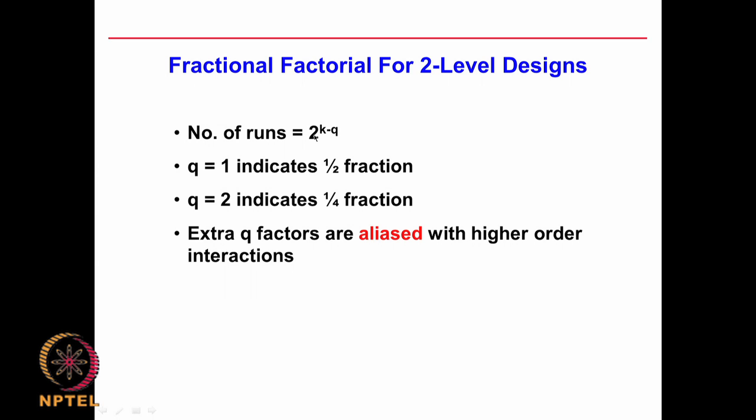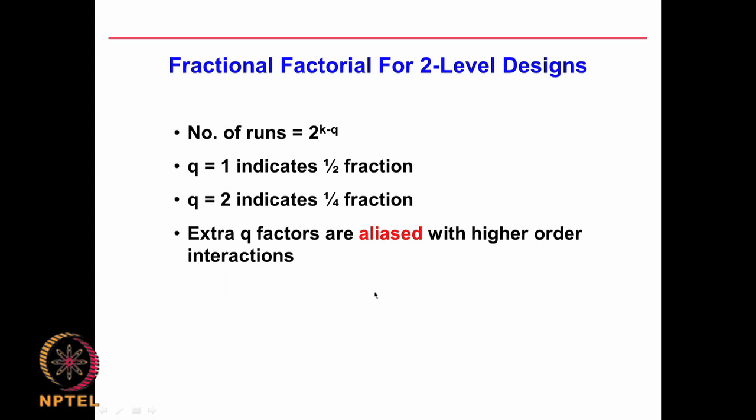This 2 is the number of levels, k is the number of factors, q is 1, then say in the previous case 2 to the 4 minus 1. So, that is a half. Instead of 16 experiments I am doing 8 experiments. If q is 2 indicates quarter, okay.